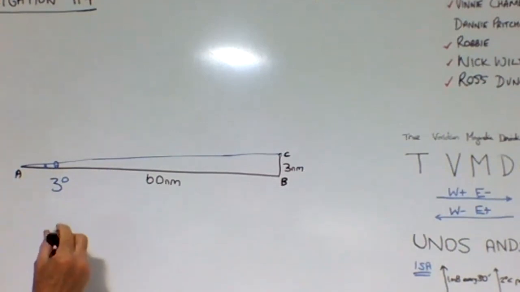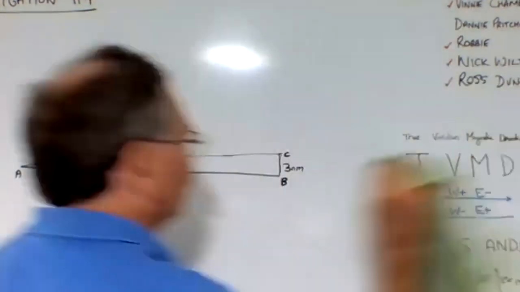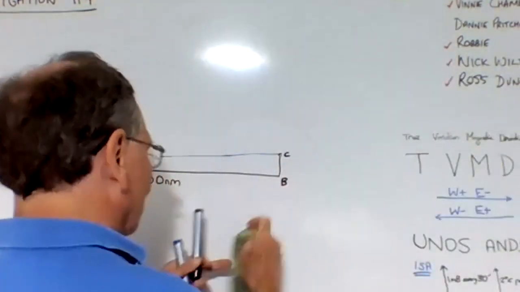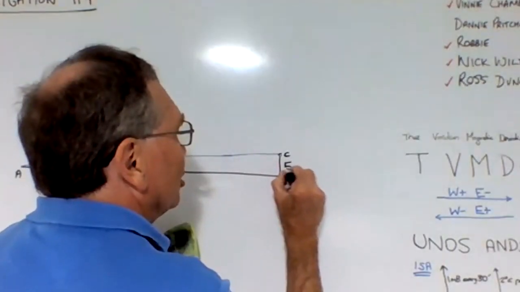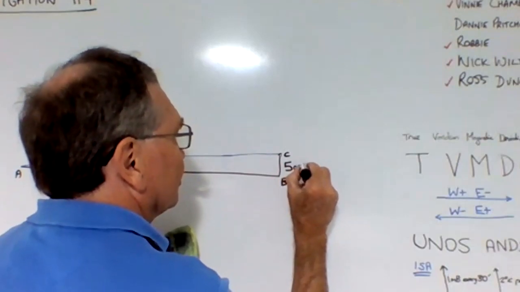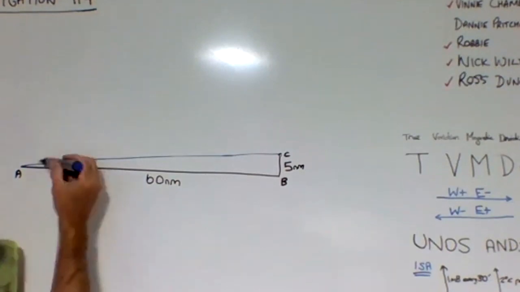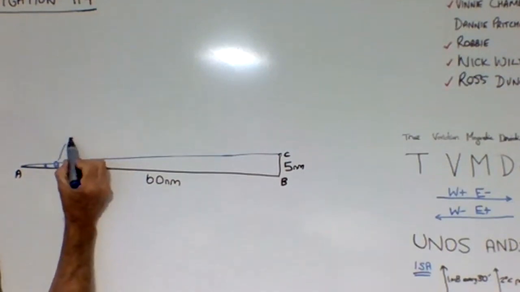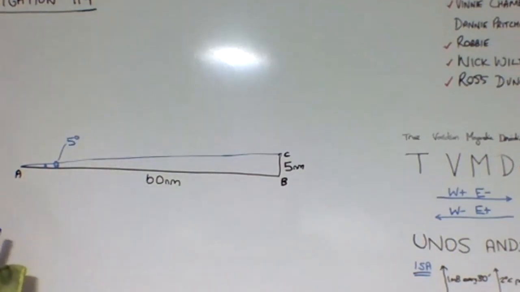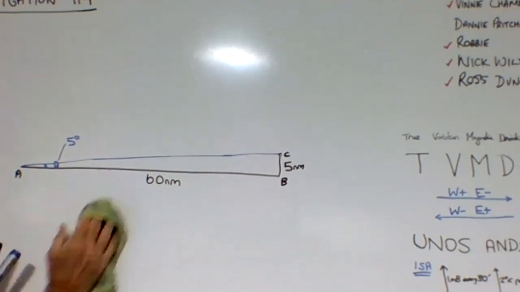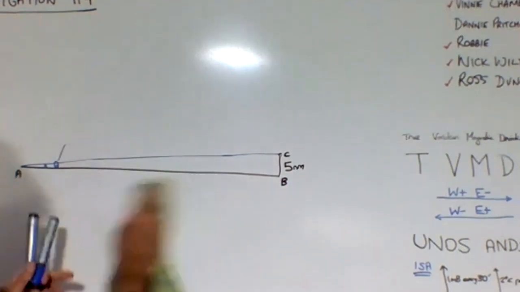So if this was not 3 nautical miles, if this was, say, 5 nautical miles, then theta would be 5 degrees. Let's leave 5 nautical miles there.